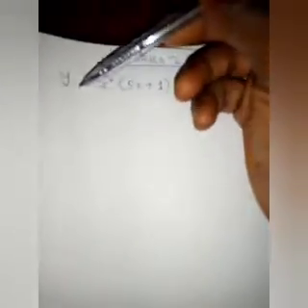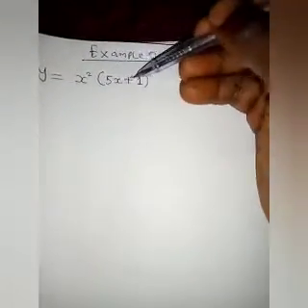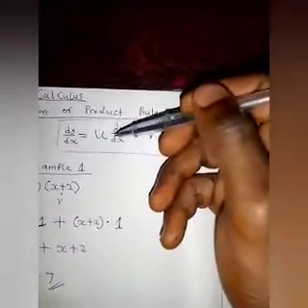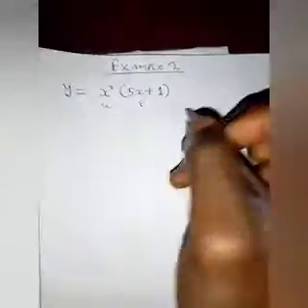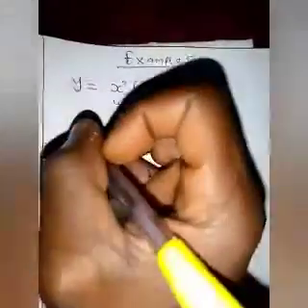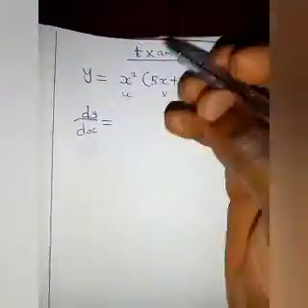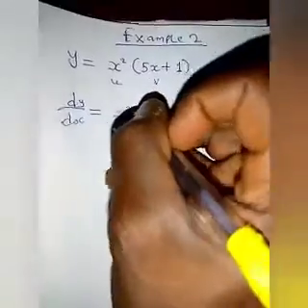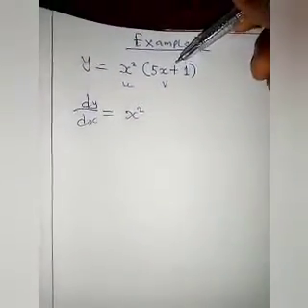So example 2, we are having y equals x² times (5x + 1). When we follow the product rule, we can say that this is our u, this is our v. Then when we differentiate with respect to x, dy/dx will equal, the rule says we pick u, which is x², then we differentiate v.